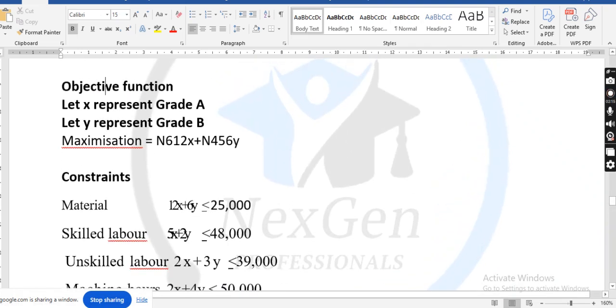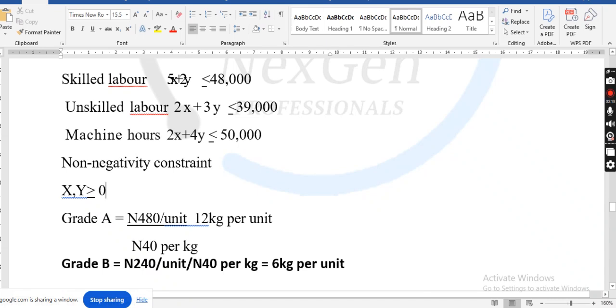So this is the non-negativity constraint. We've finished with this part.